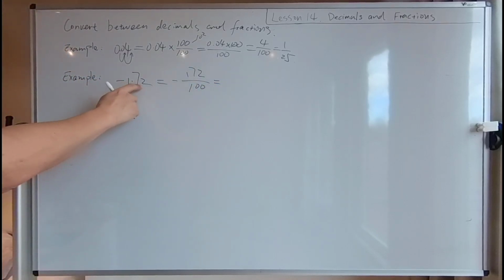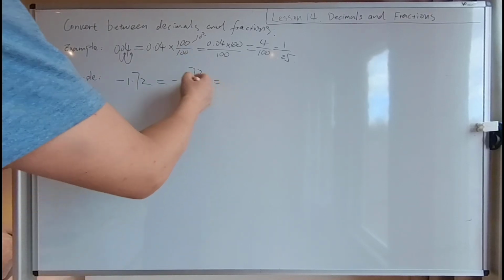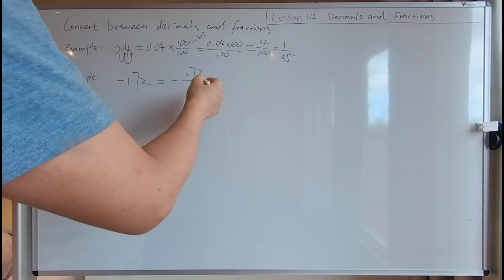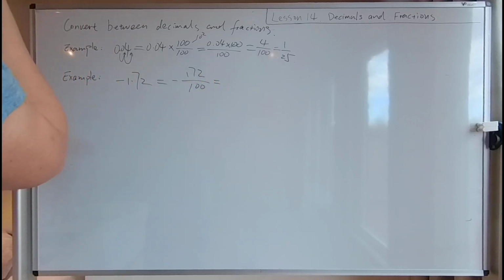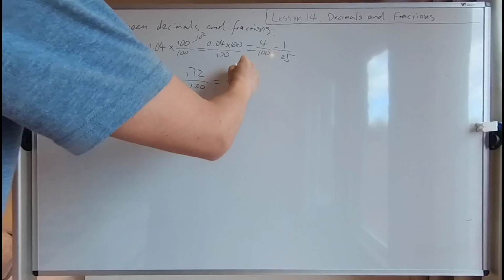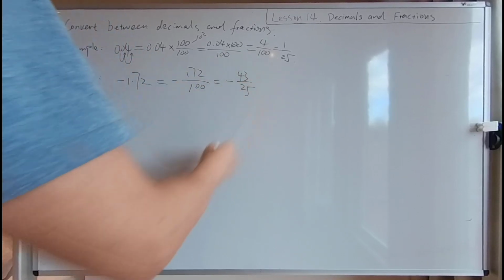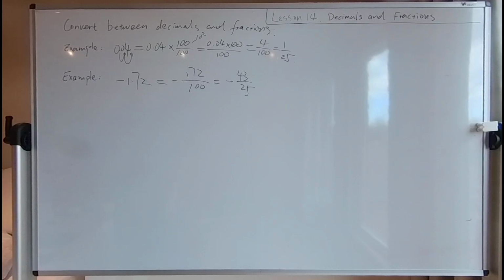So basically, how many steps you want to move is equivalent to how many zeros you're going to have. And then, of course, this can be further simplified by canceling out a common factor. I think 4 is a common factor, so that's 43 over 25. So it's minus 43 over 25.